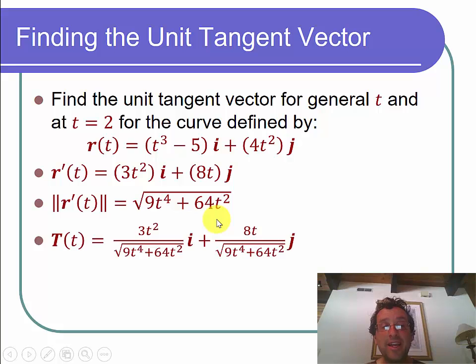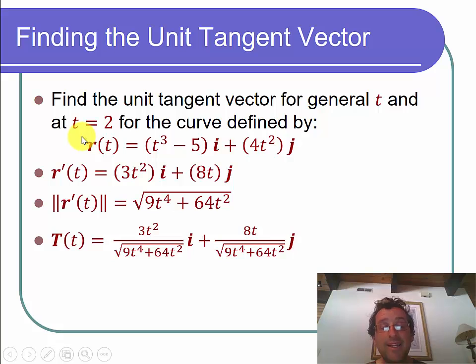The unit tangent vector T of t is r prime of t divided by the magnitude of r prime of t. So that's 3t squared over the square root of 9t to the fourth plus 64t squared, i, plus 8t over the same square root, the square root of 9t to the fourth plus 64t squared, j. So that's T of t for any general t.